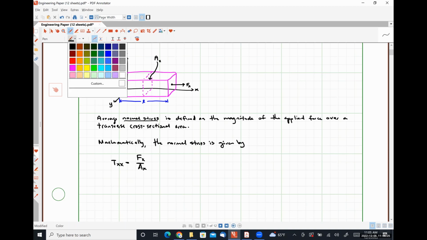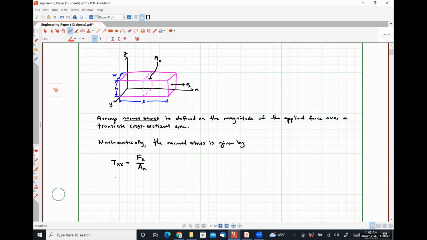Just a quick notational thing here. This first subscript is the direction of the area, and the second subscript is the direction of the applied force, just so you know where my subscripts are going to come from, so that we're all on the same page.